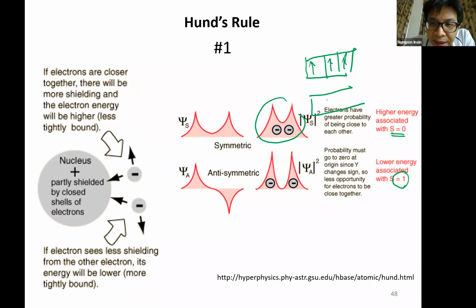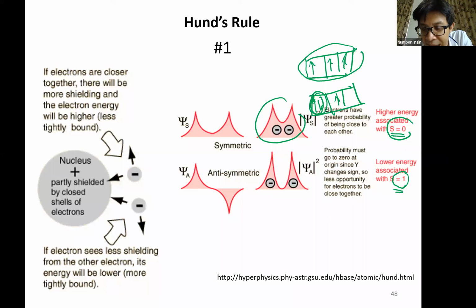If you combine spins to a lower value, it means they have opposite spin and stay together. This is the reason why 2 electrons stay too close to each other, so it's going to be higher in energy. But if you allow the spin to be the maximum, it means electrons are for sure far away from each other as much as they can.